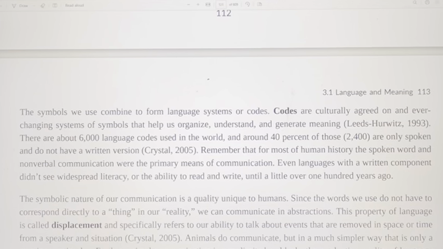But the word table can mean almost an unlimited number of types of tables or desks. Now, in Spanish, you might use the word mesa, M-E-S-A, to refer to a table or a tabletop or a surface.